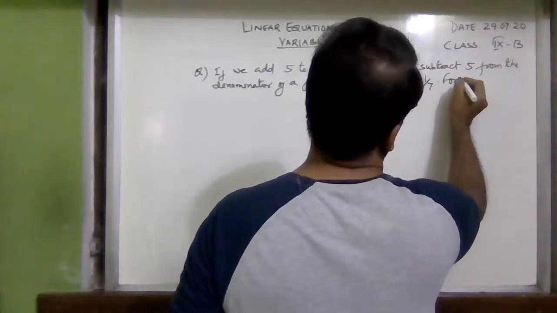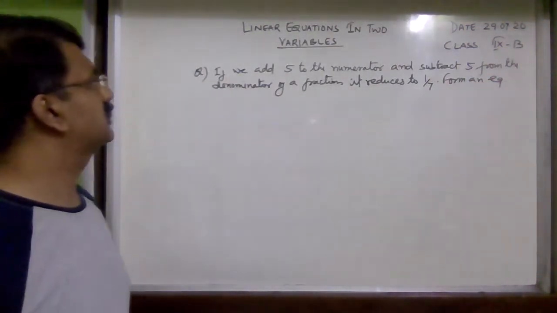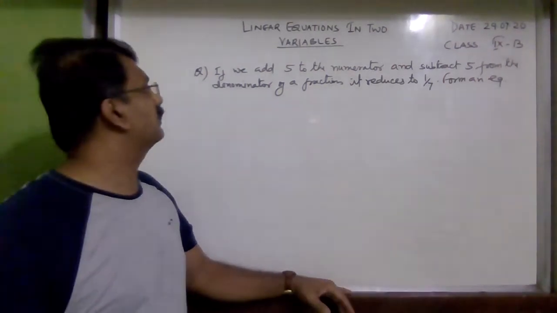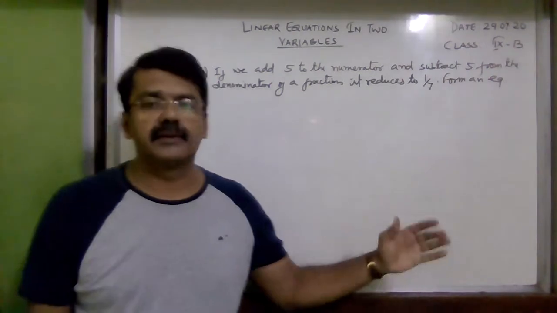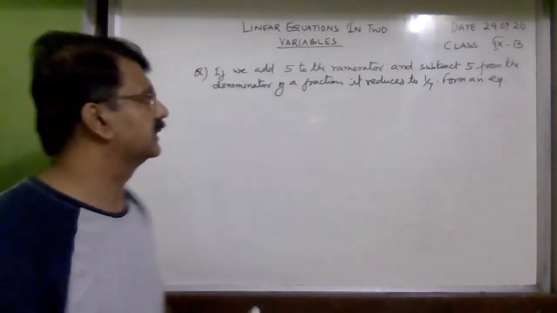Form an equation. So the question is, if we add 5 to the numerator and subtract 5 from the denominator of a fraction, it reduces to 1 upon 7. So you have to form an equation.